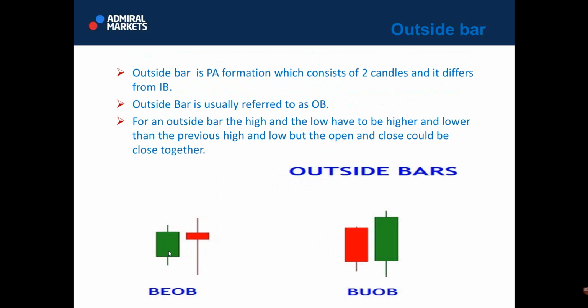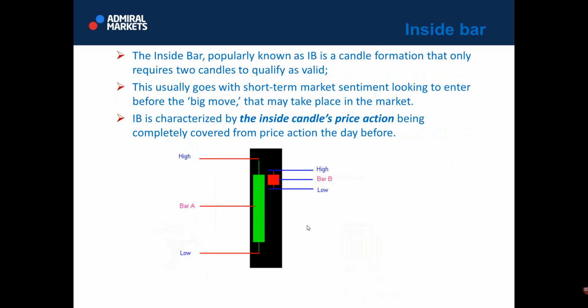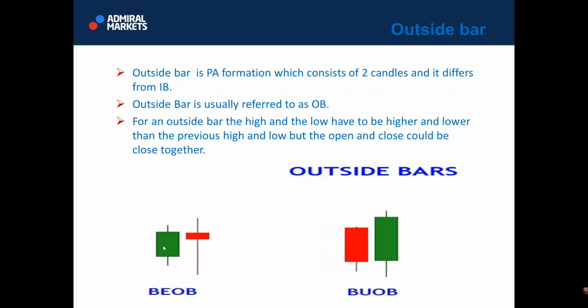The complete action of this candle is contained within the action of this candle. So in this example, we see that the right candlestick is contained within the left candlestick. Outside bar means that the left candlestick is contained within the right candlestick. That is the most simple definition.